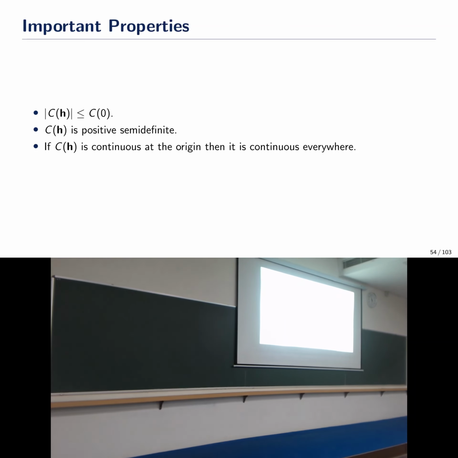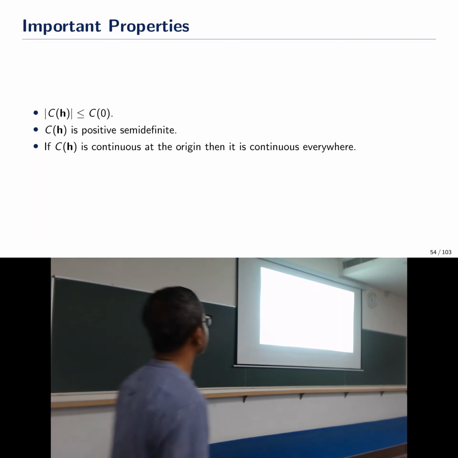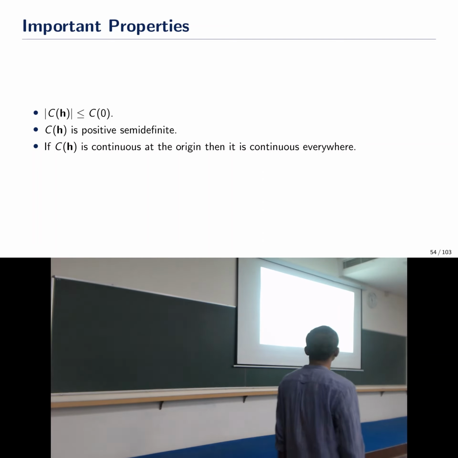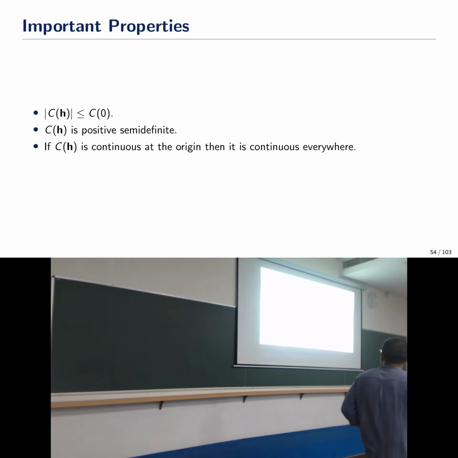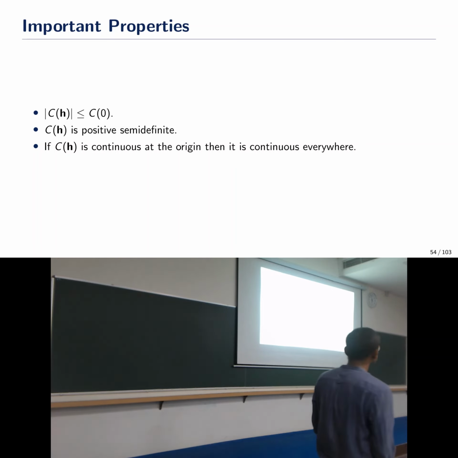Now there are a couple of interesting properties of these covariance functions, listed here. Among all these three properties, the second one is quite interesting. It says this function has to be positive semi-definite. What does it mean?